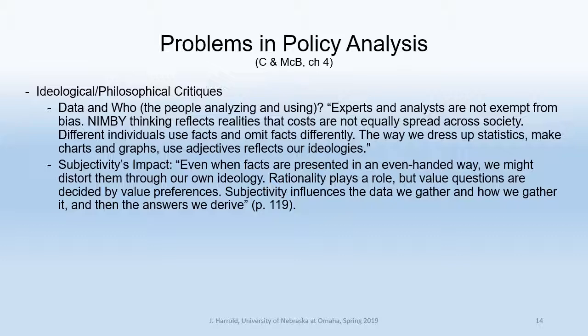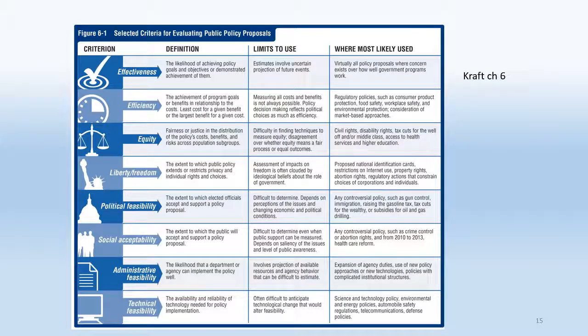And then there is a subjective impact, right? So subjectivity is often smuggled into our analysis, even when we're not wanting it to be. So back to craft, right? Your criteria might be a result of the way you view the world.